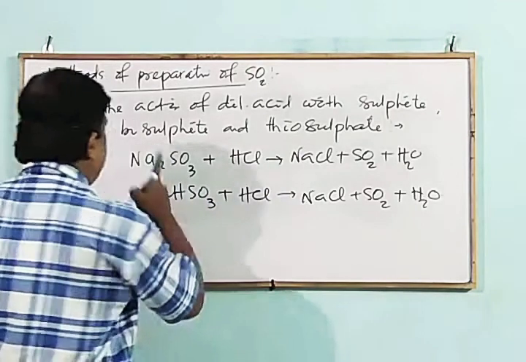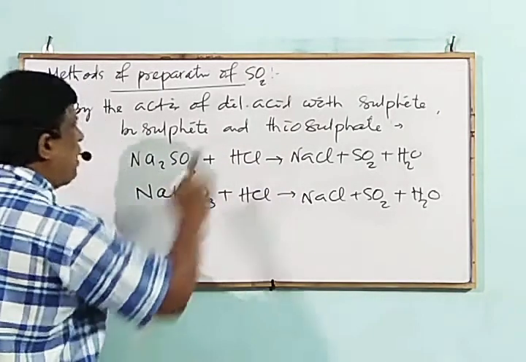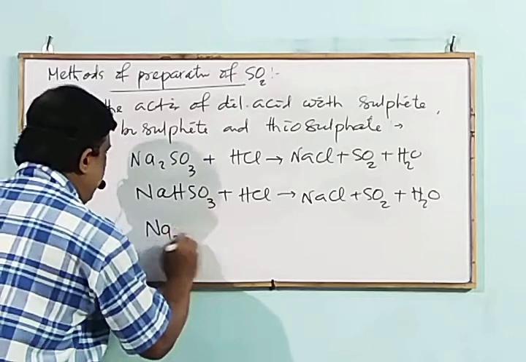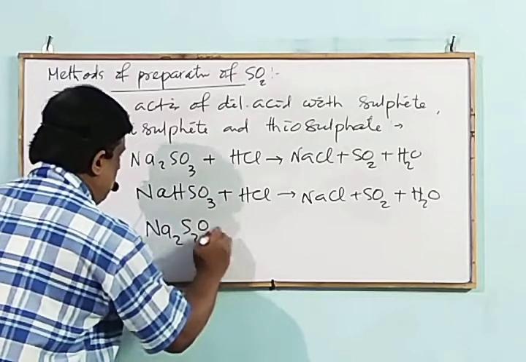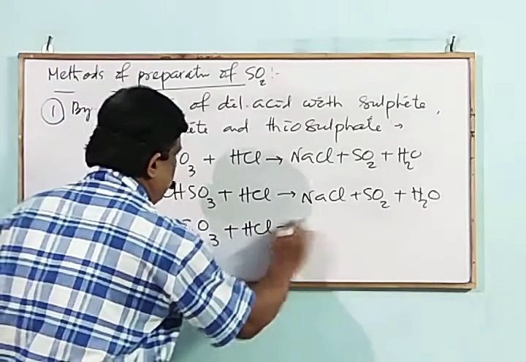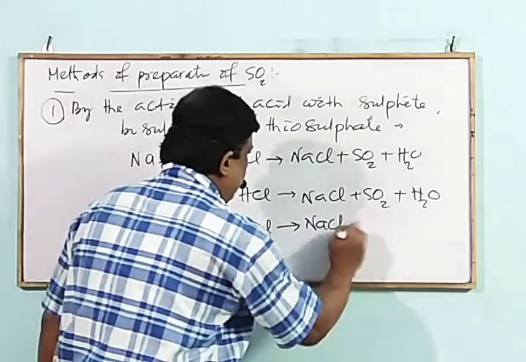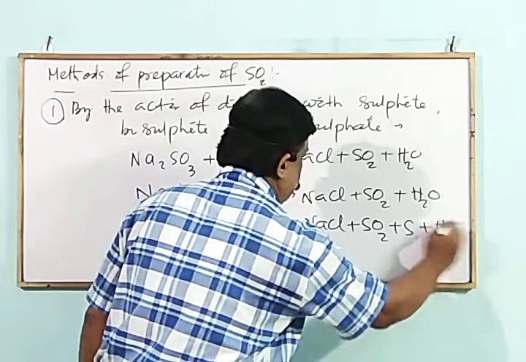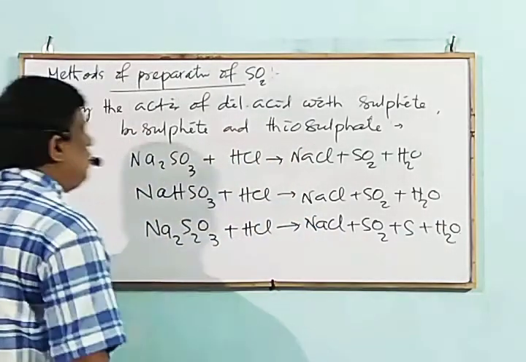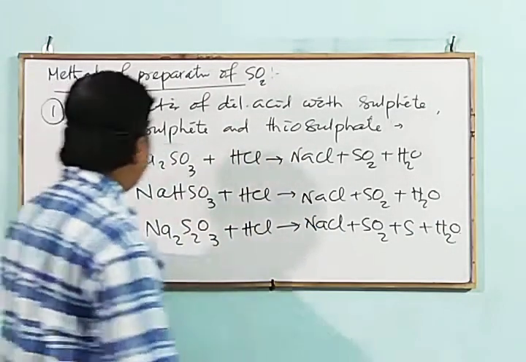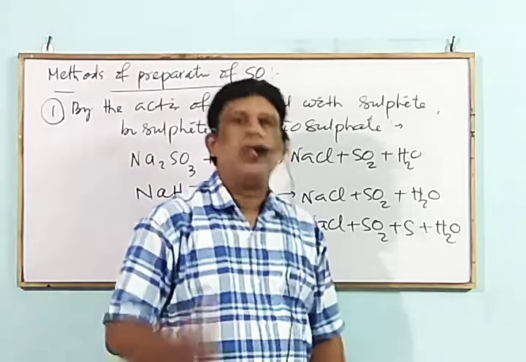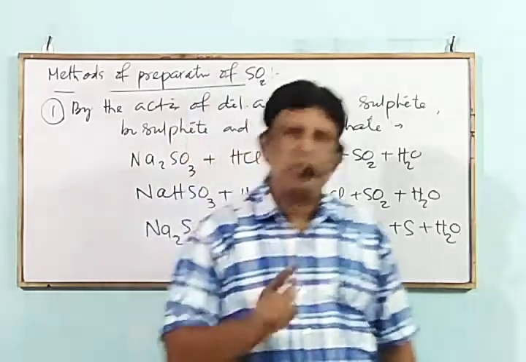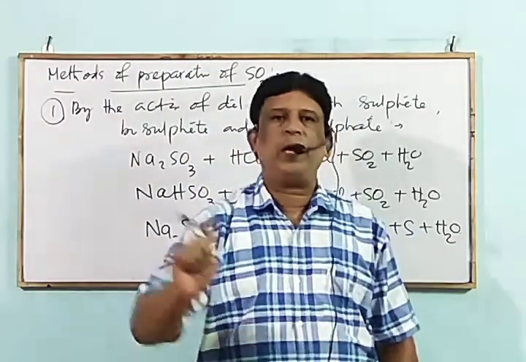Next, thiosulfate Na2S2O3 plus 2HCl give rise to 2NaCl plus SO2 plus S plus H2O. It is the second method, by the action of dilute acid with sulfite, bisulfite and thiosulfate.